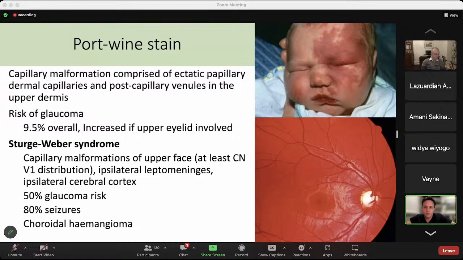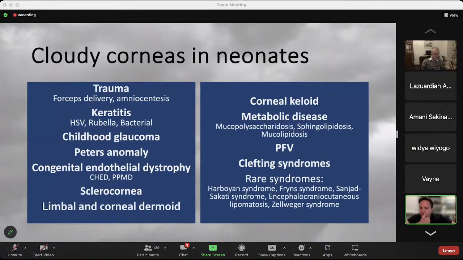What about the conditions that can mimic glaucoma? Well, there's a whole pile of conditions which will cause cloudy corneas in neonates. There's the mnemonic STUMPed, which is as medical students and trainees we learn to try and remember them all. But generally, they can categorize them as traumatic issues.